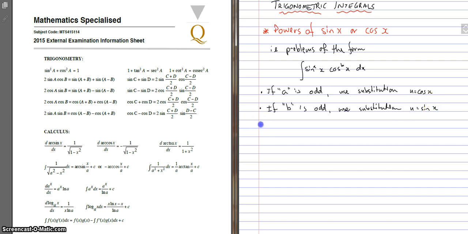If both powers are odd, basically we use either.